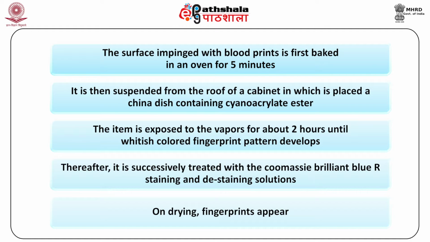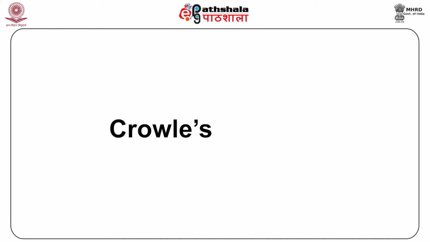The item is exposed to the vapors for about 2 hours until a whitish colored fingerprint pattern develops. Thereafter, it is successively treated with the Coomassie brilliant blue R staining and destaining solution. On drying, fingerprints appear.